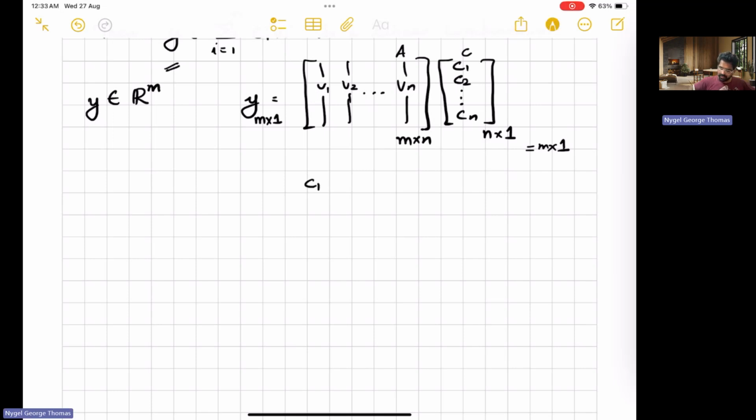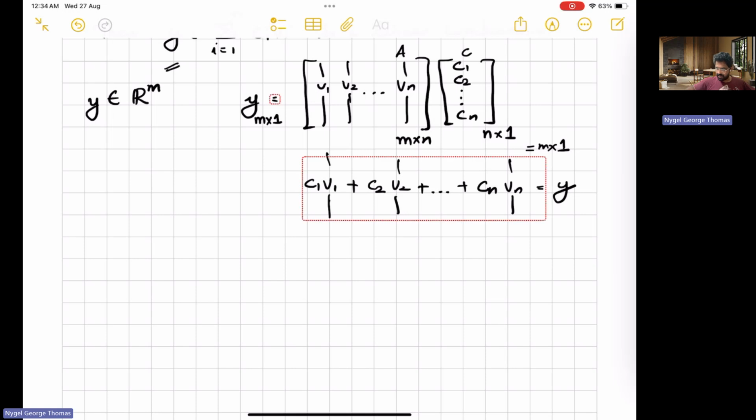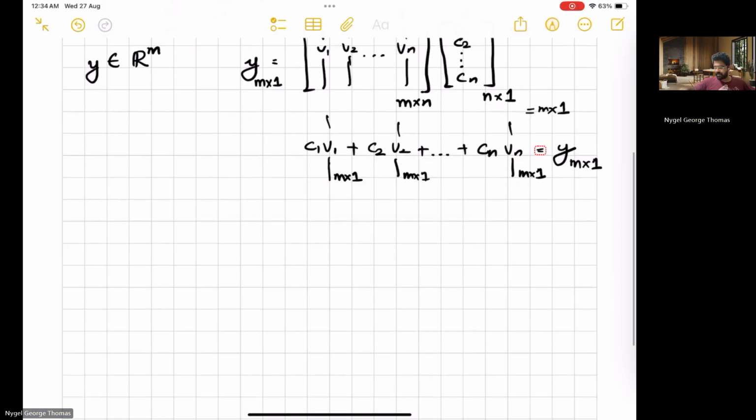This is c1 times v1, plus c2 times v2, etc., plus cn times vn, which is the final result y, which indeed is an m cross 1 matrix. All these are m cross 1 matrices.